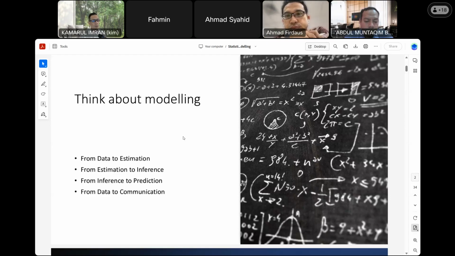It's good to move to prediction. So you make prediction based on your data, or sometimes you make prediction based on external data.